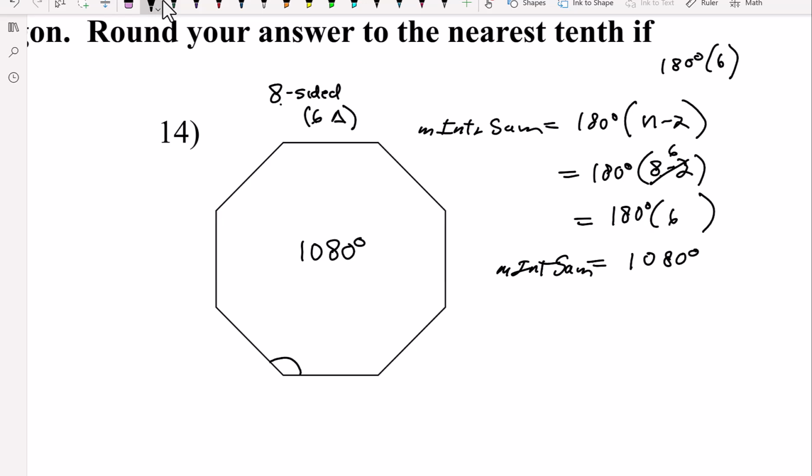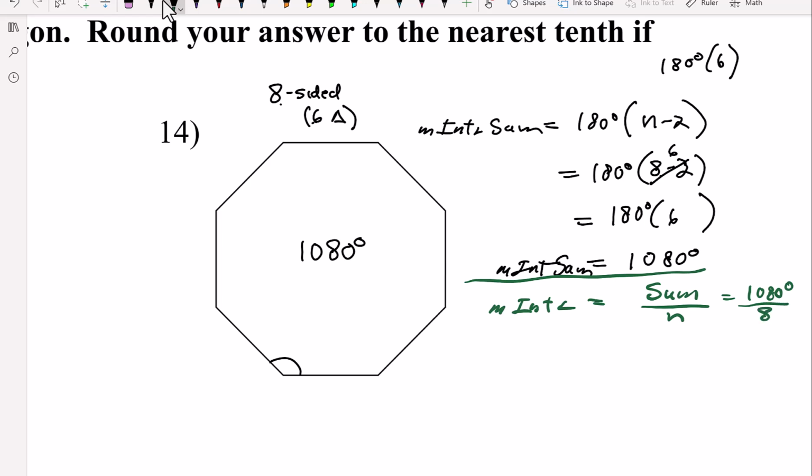What about one individual? Well, that's pretty easy. If we want to find, let me do this in a different color now, the measure of one interior angle, it's the sum divided by the number of angles. Well, 1080 divided by 8 angles.